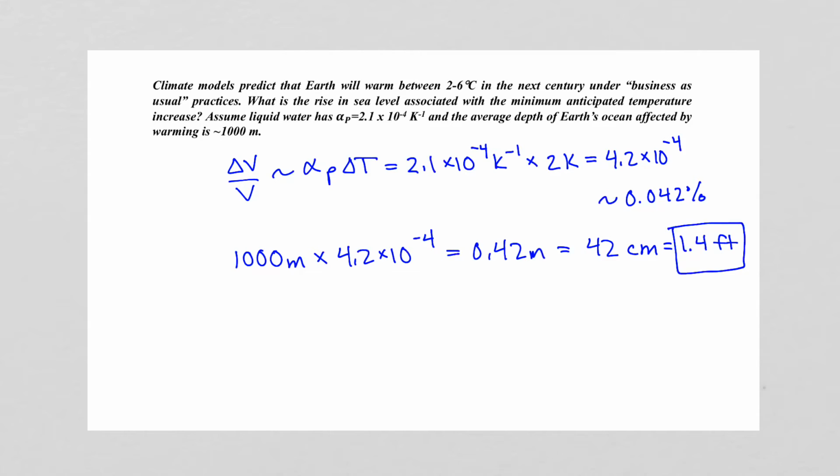Okay, that will be just devastating to a lot of communities that are at sea level or below. Okay, so just that 2 degree increase in temperature, okay, really can have very significant, very impactful consequences for people.